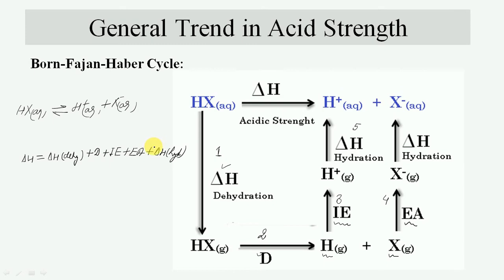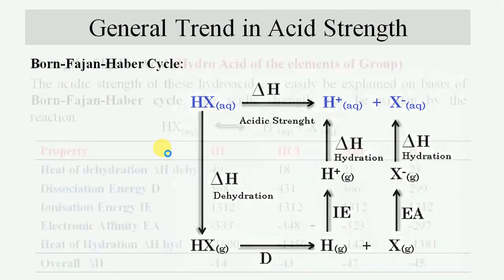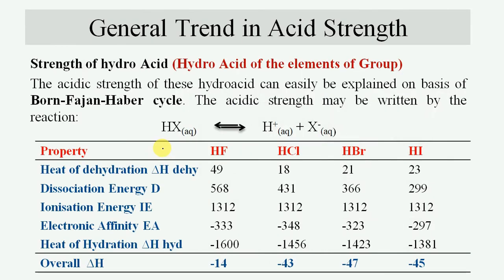The values of the different steps for various halogen acids are given in this table. The value of delta H can easily explain the feasibility of the above reaction. The larger the negative value of delta H, the greater is the feasibility of the reaction.